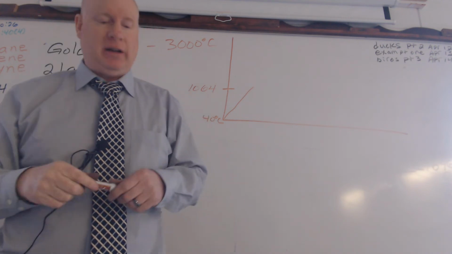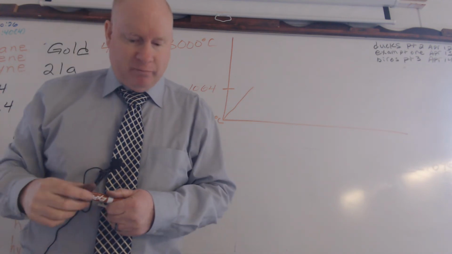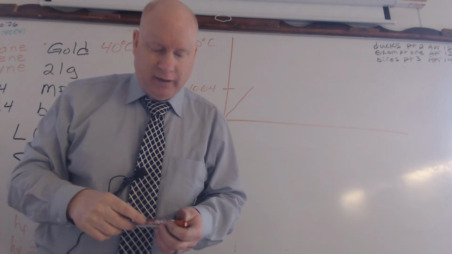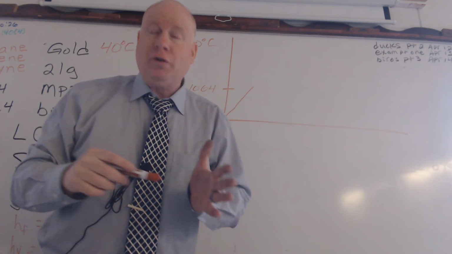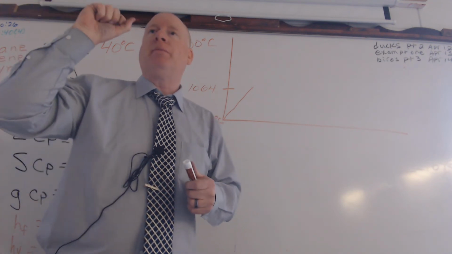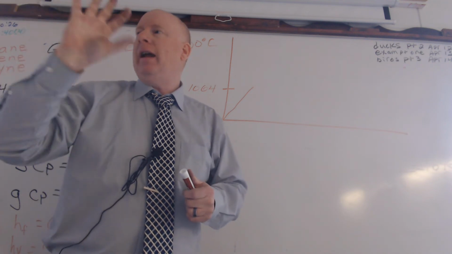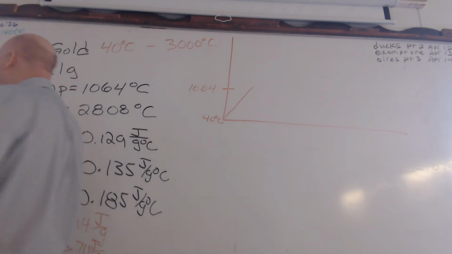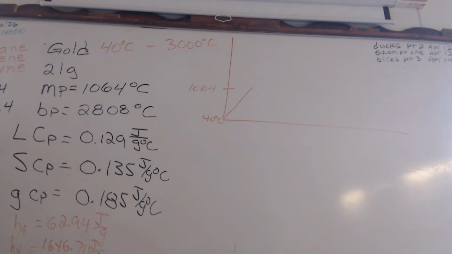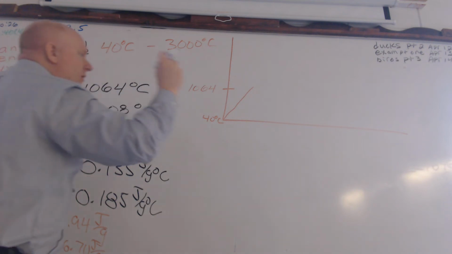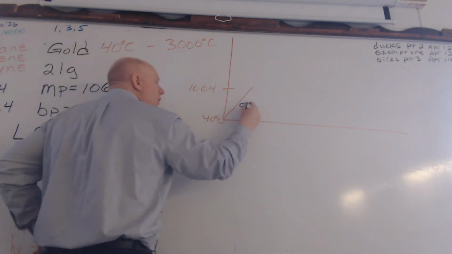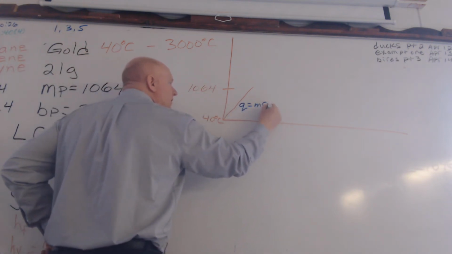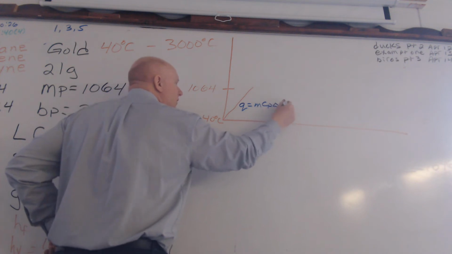It's probably pretty thick, viscous fluid, but it still, nonetheless, is beginning to melt. So your formulas, remember your steps 1, 3, and 5 are the same. Okay, so steps 1, 3, and 5 all have the same formula. Q equals mass times specific heat times change in temperature.